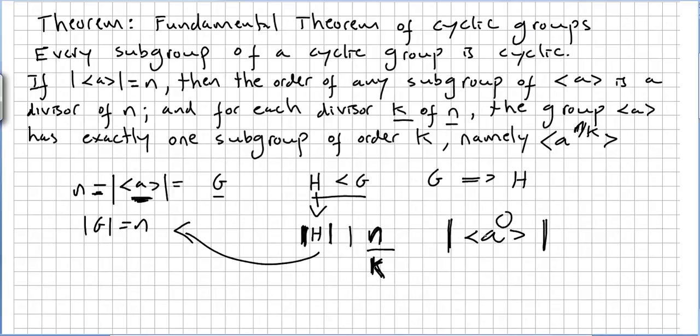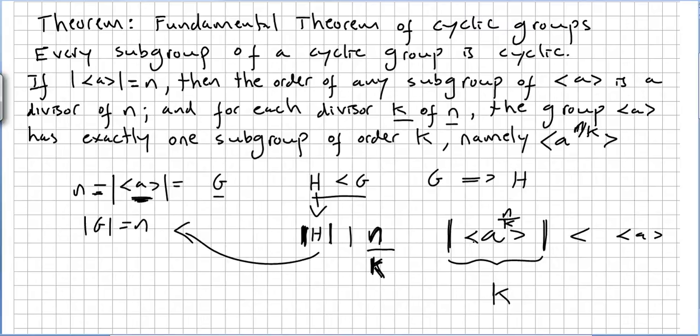There will be a subgroup of this group ⟨a⟩, and the order of this subgroup will be k, and the element that is going to generate this subgroup of order k is going to be the element a to the power of n divided by k.